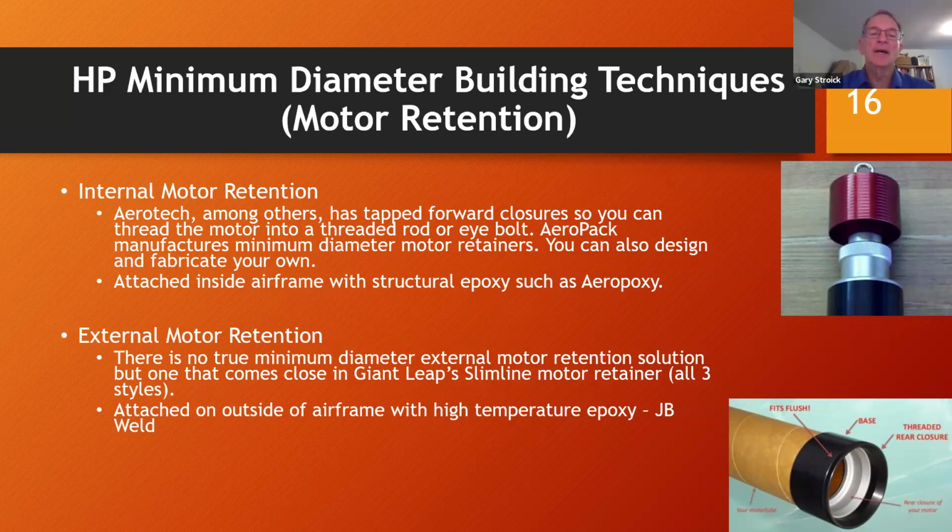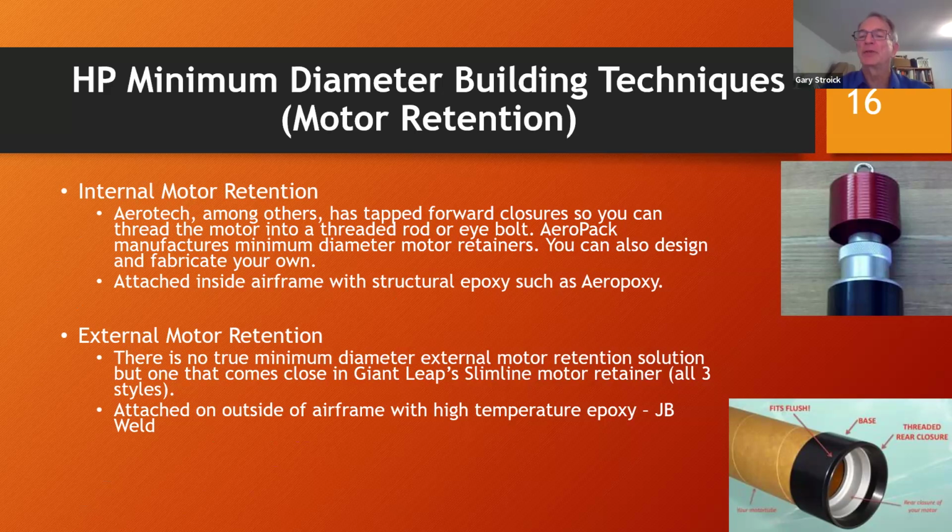There is not a motor retainer that's truly a minimum diameter, but the one that comes closest is the Giant Leap Slimline motor retainer. There are 3 different styles. They're very thin. They would be epoxied on the outside of the airframe, with a higher temperature epoxy, like the JB Weld we mentioned earlier.